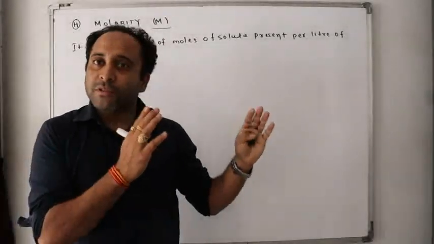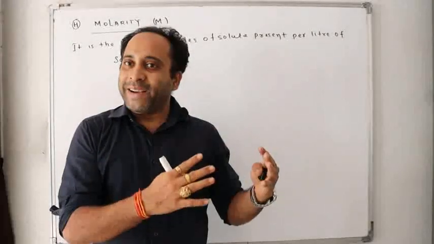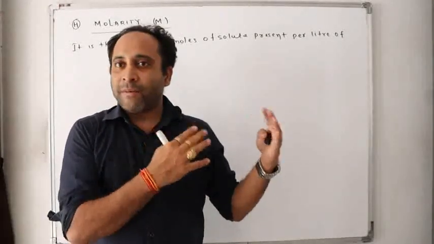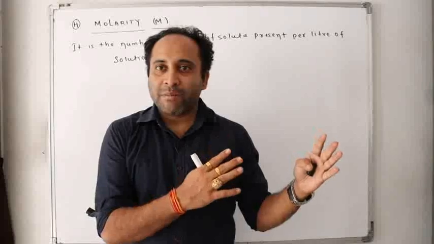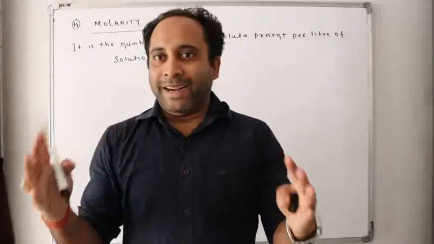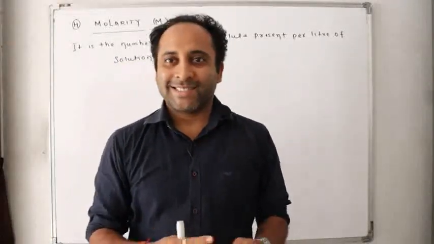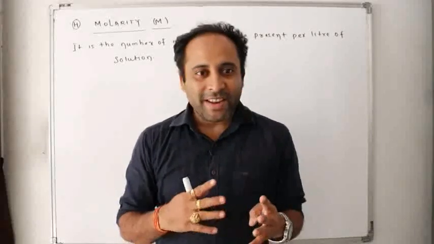How many moles of solute are present per liter of solution? To know it, we have to find this value. The number of moles of solute present per liter of the solution is called what? Molarity. It's very important.